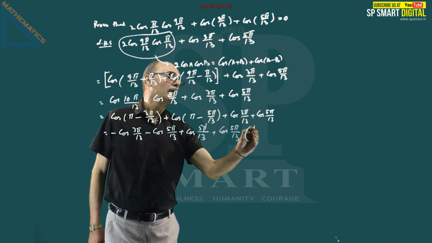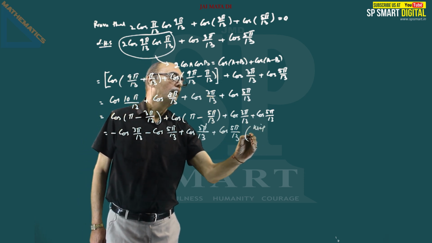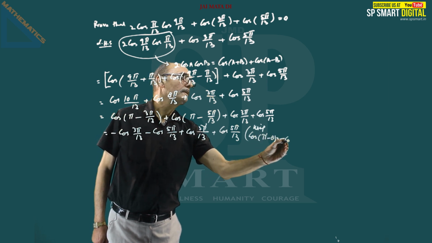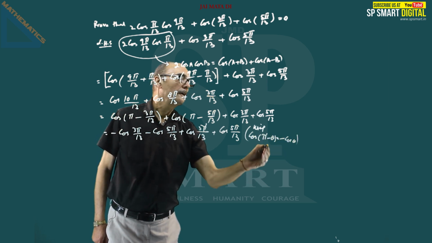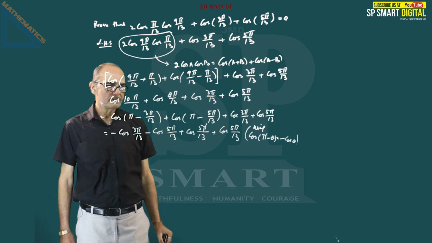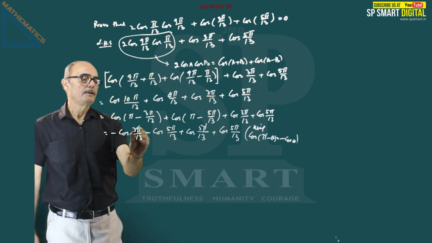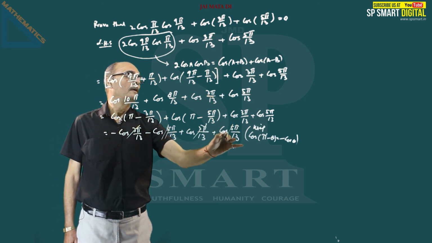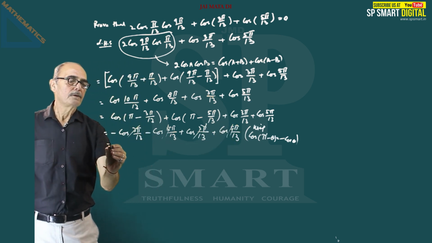Using cos of pi minus theta in second quadrant minus cos of theta. Here again we are making use of the allied angles. These terms get cancelled and the result is 0.